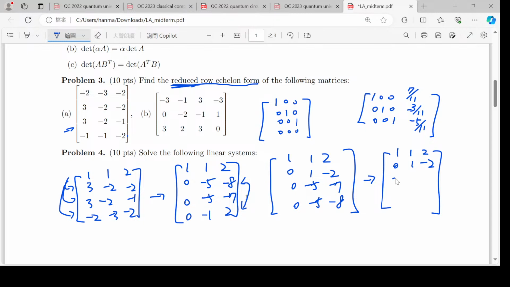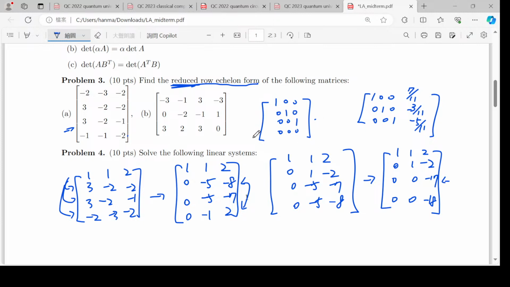So +5. So all 0 here, and so minus a lot, -70, -80. And you can see that then you turn this equal to 1, and you eliminate everything, and then you go to this form.